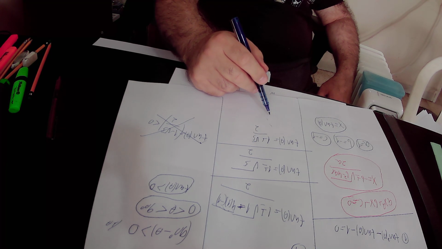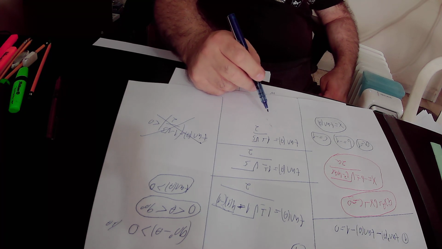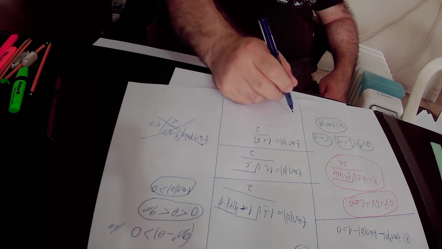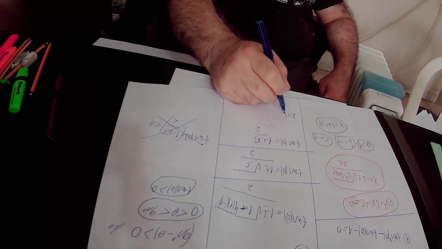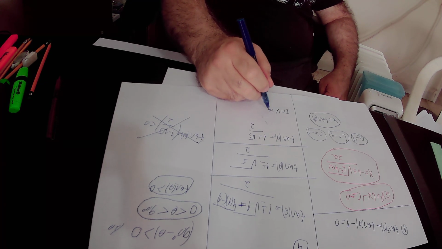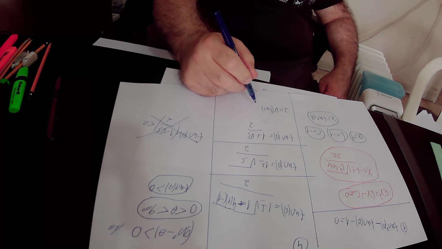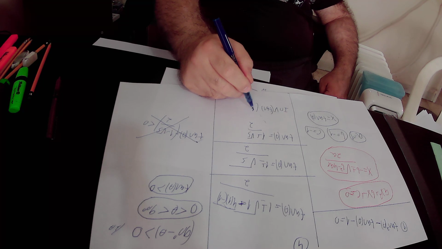So we will operate the inverse function of tangent on the result, that is 1 plus square root of 5 over 2.